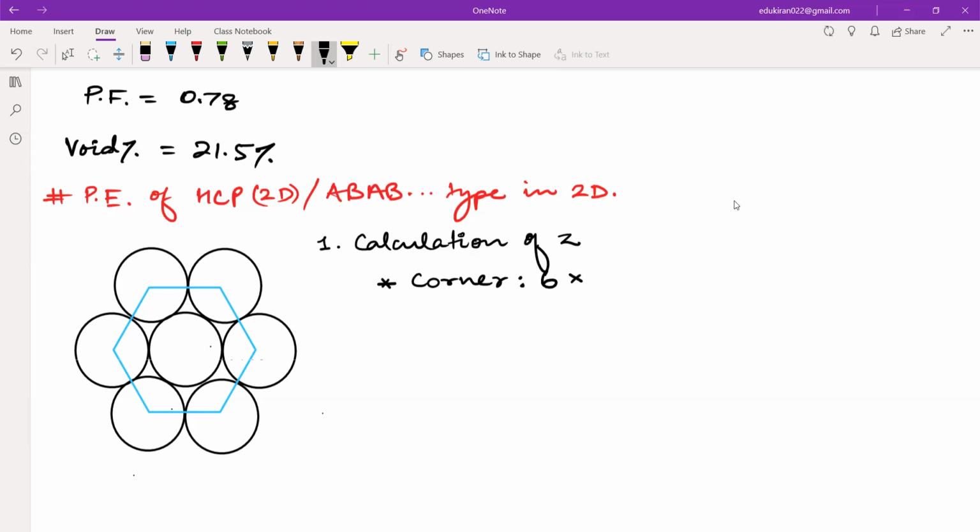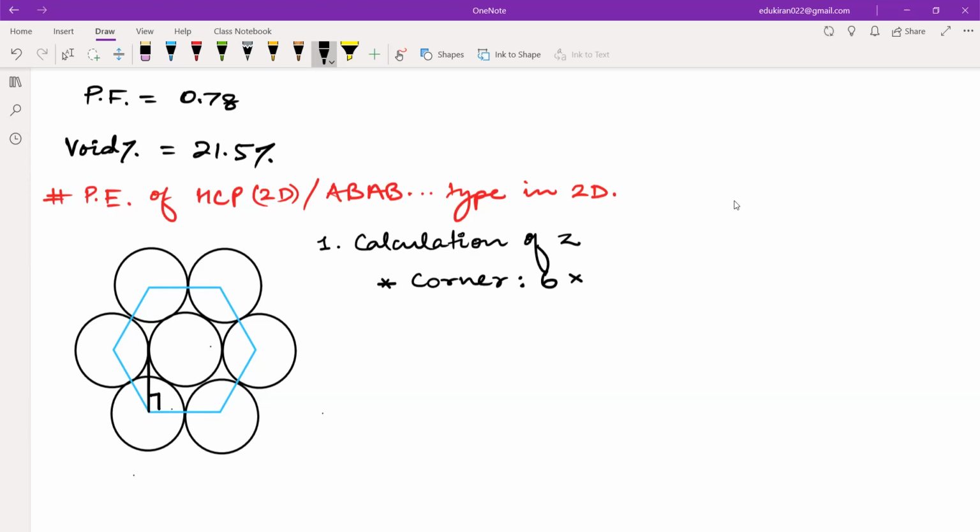Okay. Now, at each of these corners, what is the angle here? This is a regular hexagon. What will be the angle? 60 degrees. What will be this angle? 90?